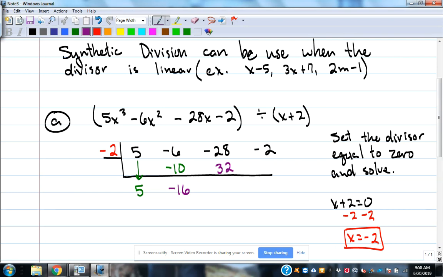And then we're going to add: -28 plus 32 is 4, right? Multiply 4 times -2, -8. Add: -2 plus -8 is -10. This number right there, that -10, that is your remainder.